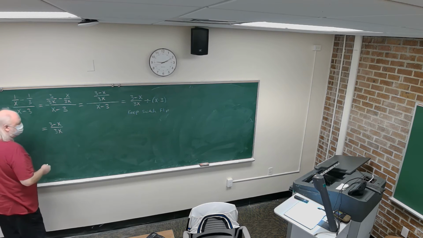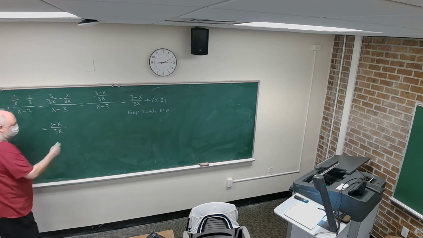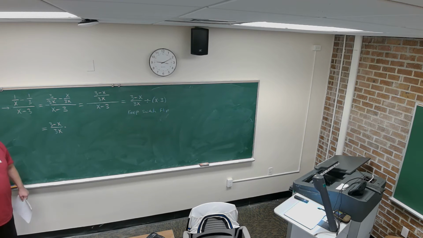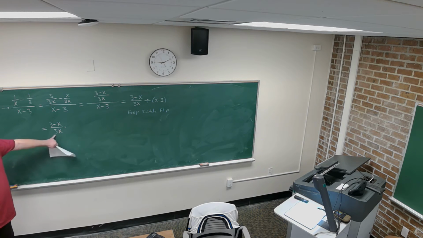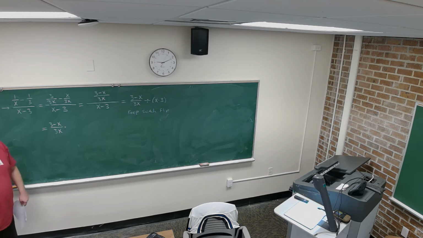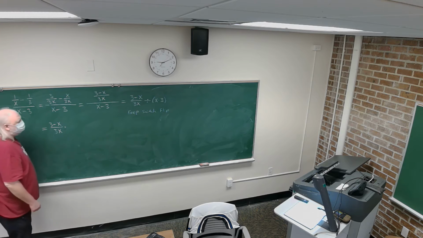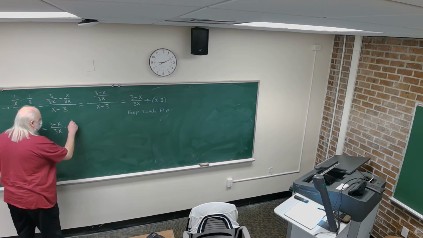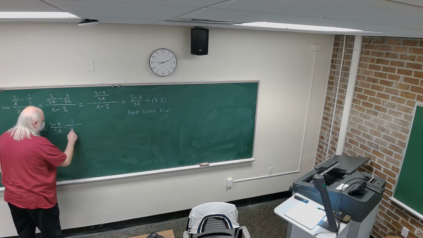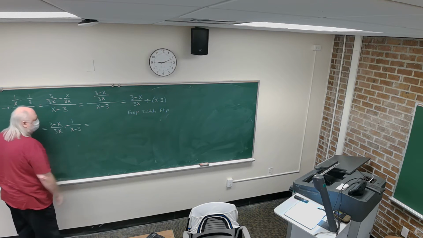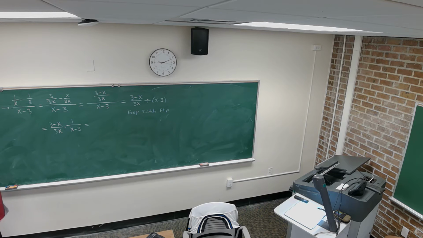And then we switch division to multiplication. This is how I remember how to do division with fractions: keep, switch, flip. It's just burned into my brain. Flip means take the reciprocal, and the reciprocal of x minus 3 is 1 over x minus 3.